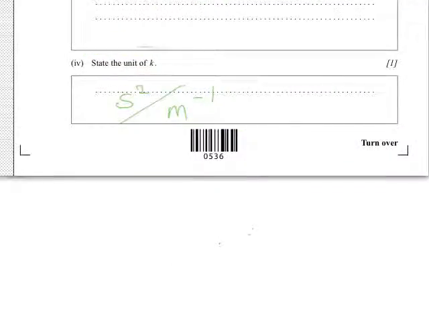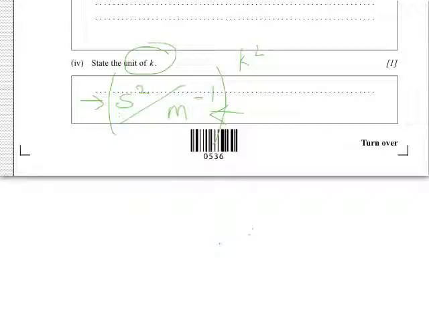Now, lastly, state the units of k. On the y-axis, we have seconds squared, and on the x-axis, we have meters to the minus 1. But we need to square root that because seconds squared over m to the minus 1 will give us the value of k squared.